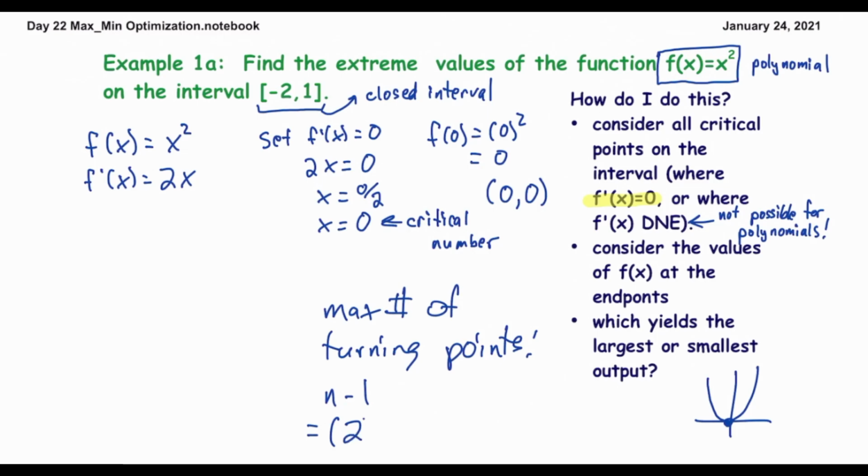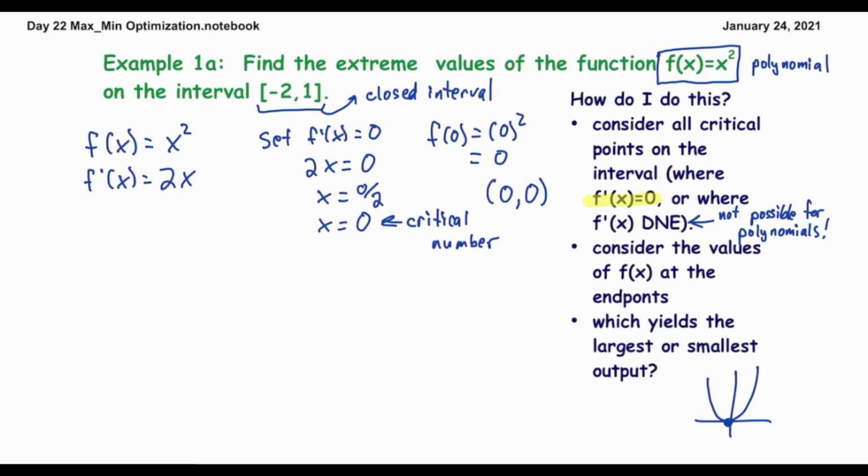The degree of our function here is 2, so we're going to have a maximum of 1 turning point. So only one extreme point, one maximum or minimum in the way that we're used to describing them.